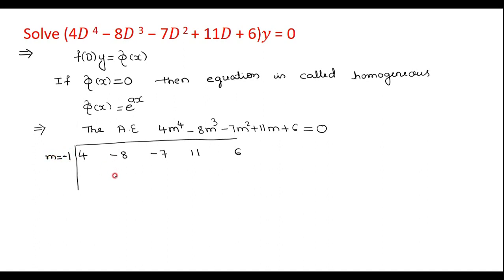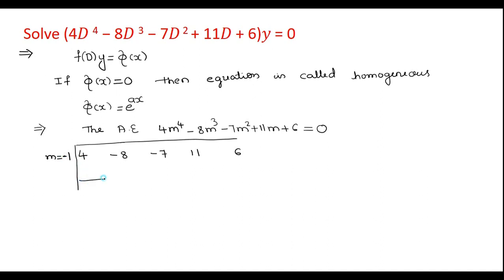If I take m equal to -1, then it is -4 + 8 - 7 - 11 + 6, which is 0. That means -1 is one of the roots.